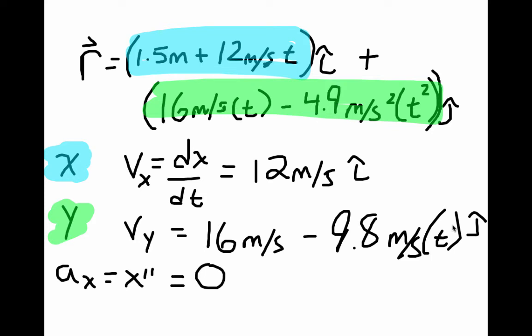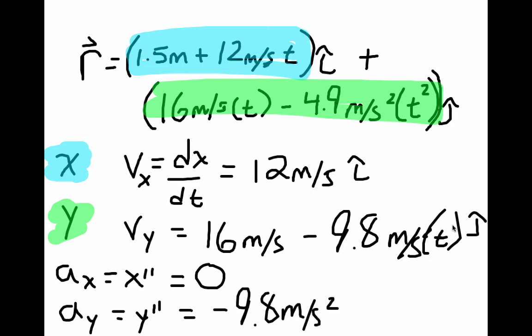There's no acceleration in the x direction, and in the y direction, again, second derivative of position, or first derivative of velocity, the 16 goes away and leaves me just a negative 9.8 meters per second squared as my acceleration in the j direction. Just by looking at this problem, whatever that position vector is telling me, I know there's no acceleration in the x direction, and it's actually in free fall in the y direction. So however this object's moving is describing a scenario of something being in free fall.